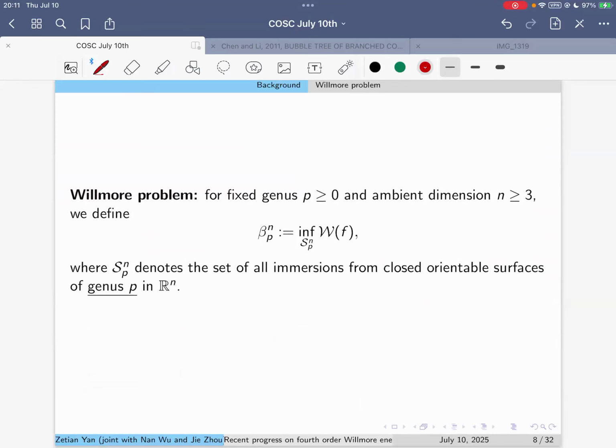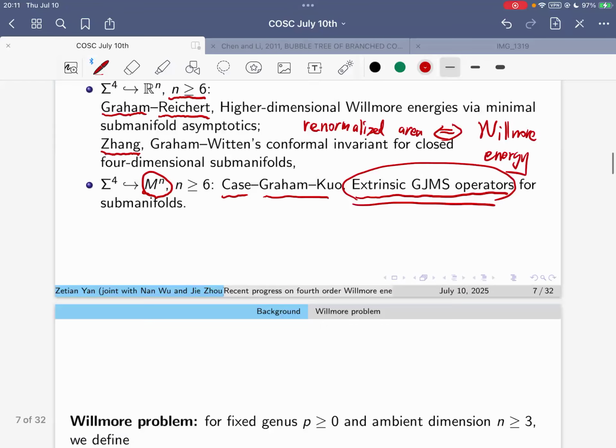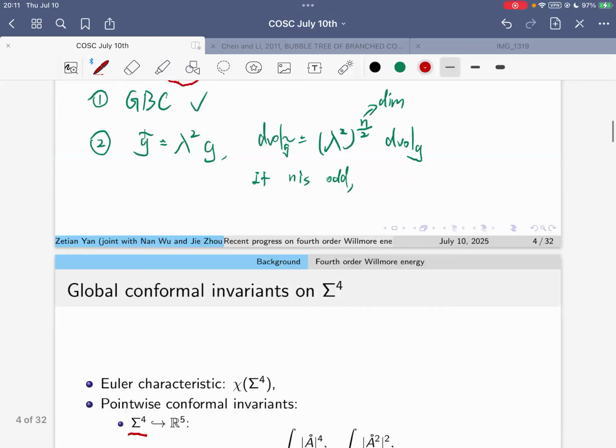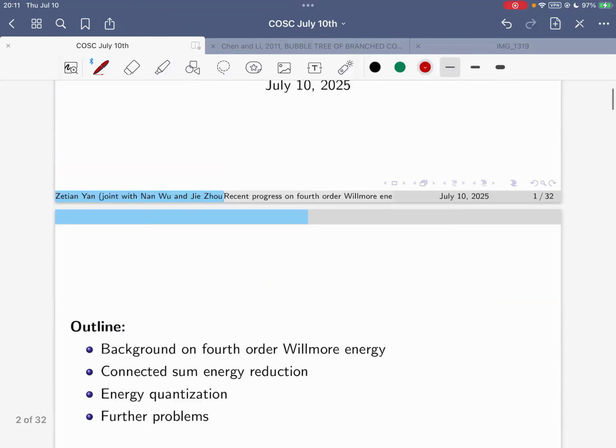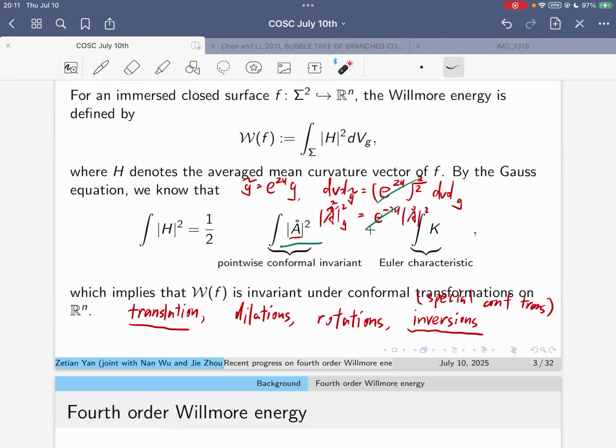From the previous discussion, we find that in dimension 4 we have a lot of choices for the global conformal invariants. This is a different phenomenon from dimension 2, because in dimension 2 the only two global conformal invariants are provided by this part and this part. So you can do a linear combination, but the canonical one is exactly the classical Willmore energy.